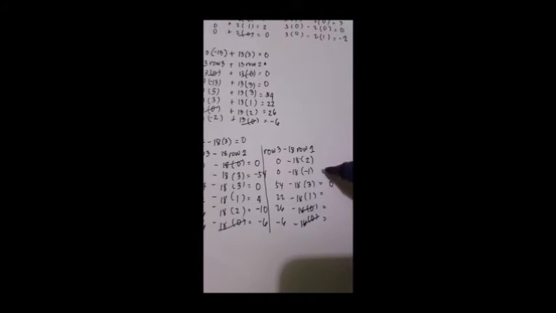So, multiplied by 18. That is 0, 0. This is 0. And so, we have negative 36, 18, 0, 4, 26, and negative 6. So, that will be the members of our row 1 and row 2.